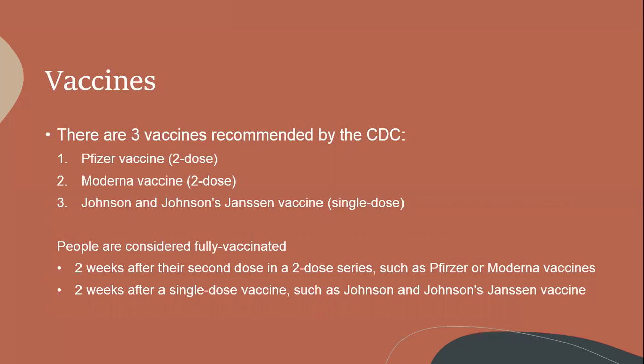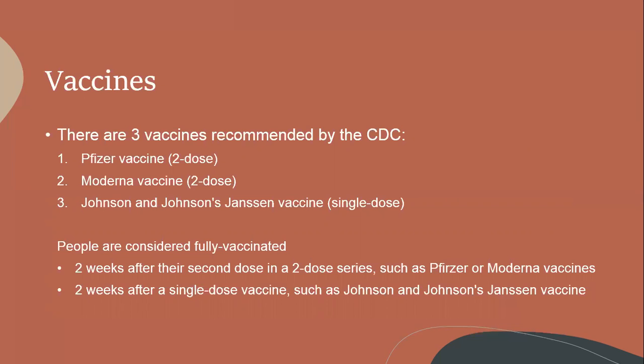People are considered fully vaccinated 2 weeks after their second dose in a 2-dose series, such as the Pfizer or the Moderna, or 2 weeks after a single dose vaccine, such as the Johnson & Johnson vaccine. So what this means is that, let's say you take the Pfizer or the Moderna. You get your first dose, you gotta wait 2 weeks. You're still not fully vaccinated.